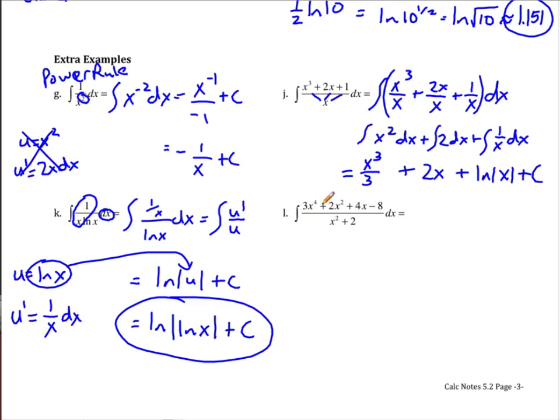And in our final example, so here we have a polynomial over another polynomial, and so we want to use long division. Okay, so we get 3x to the 4th plus 2x squared plus 4x minus 8 divided by x squared plus 2. So x squared goes into 3x to the 4th, 3x squared times. So we get 3x to the 4th, and then plus 6x squared. And now we subtract.